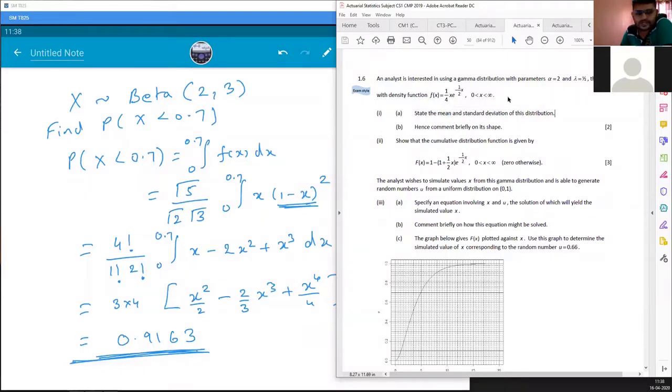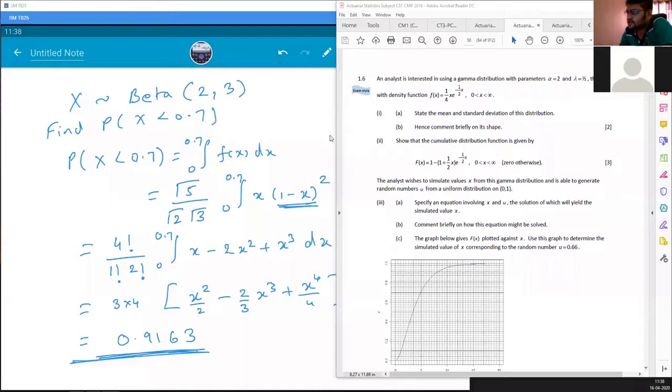You can state that by directly using the formula of expected value and variance. Hence comment briefly on the shape. Okay, we'll talk about that tomorrow. First find this mean and standard deviation, then I'll talk about the shape, and show that the cumulative distribution function is given by this. So you'll have to integrate this to show the cumulative distribution function.